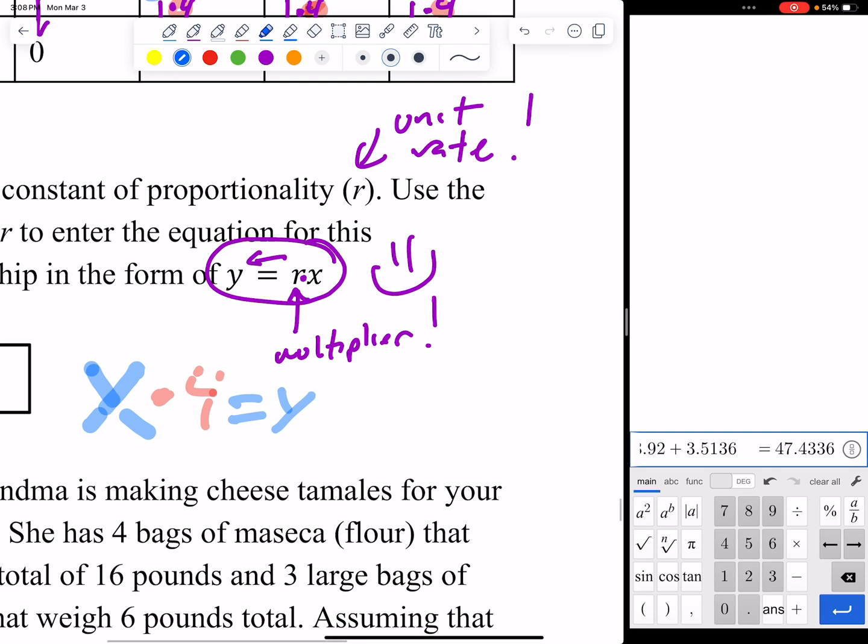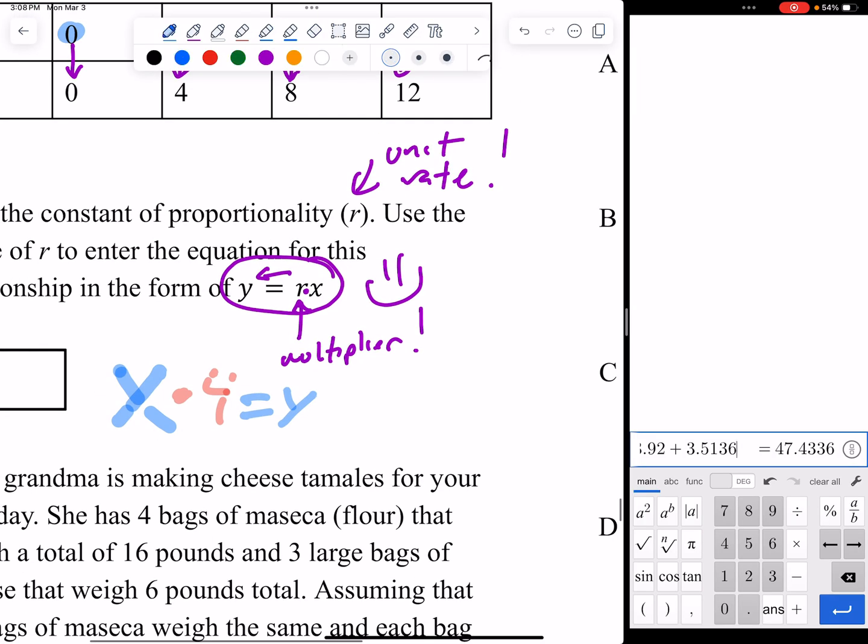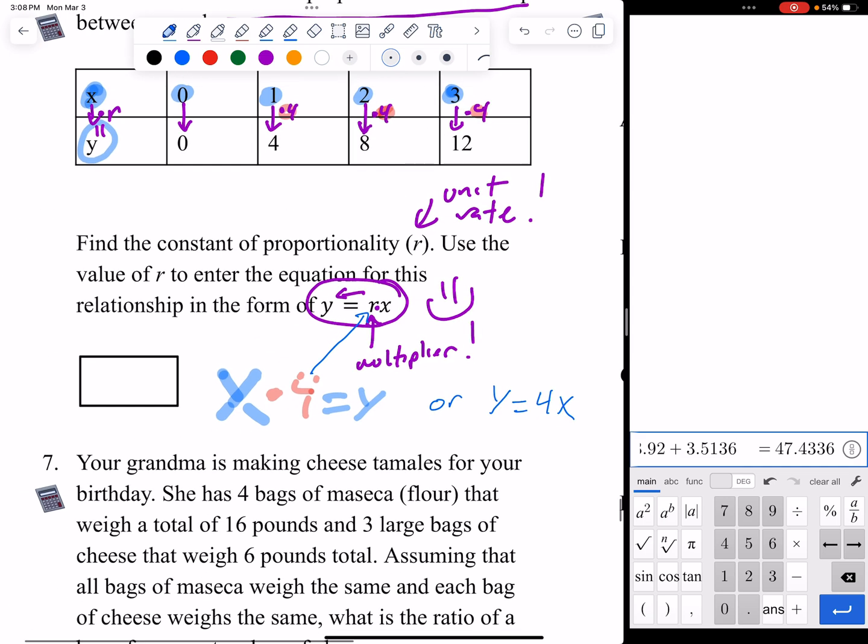So if I do it in that order, that's how I want you to see it on the table, okay? It's either left to right or vertical or horizontal, it doesn't matter. You just have to go in the direction, right? So this thing just told me to write it the other way. So it told me to leave the y first, and then the x is there, so can you guess what the 4 is? The 4 is your r. So that's 4x, so I can just write it as y equals 4x.